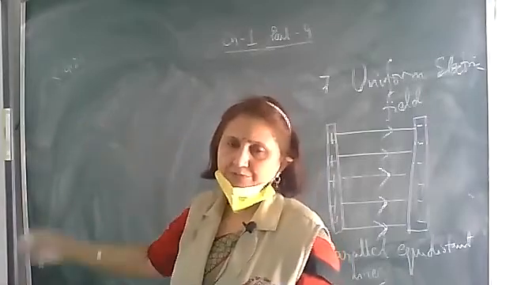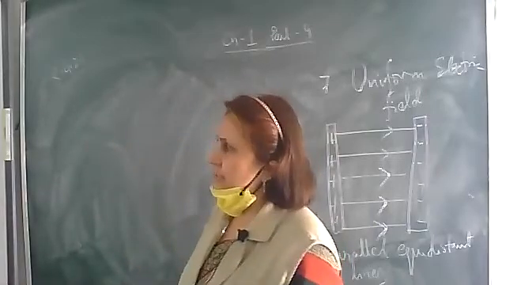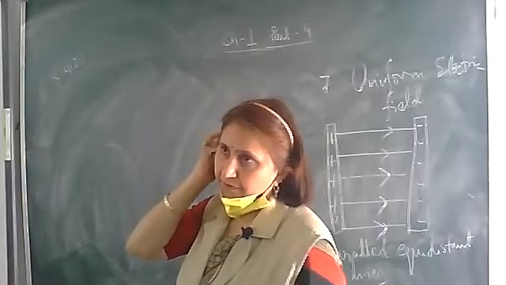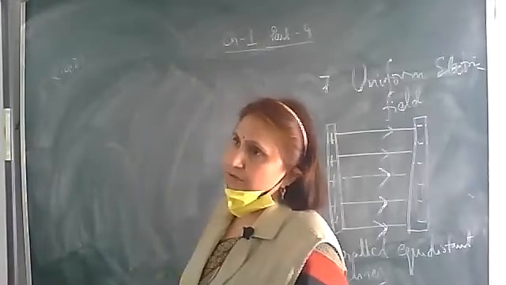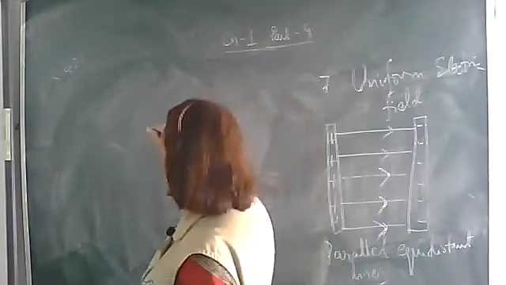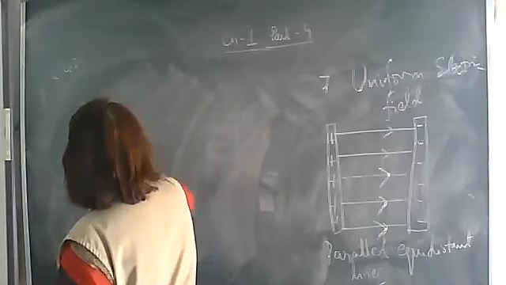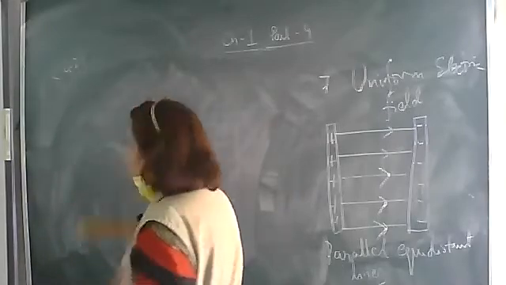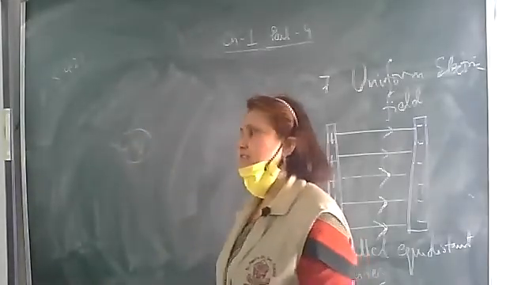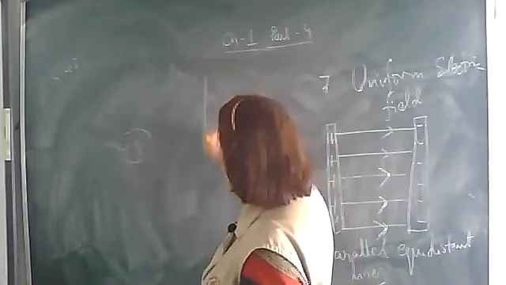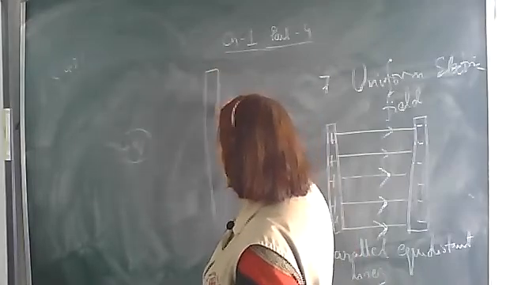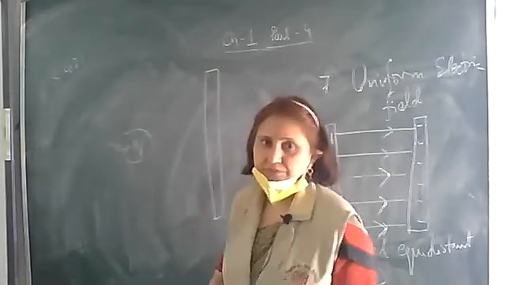Vicinity, that is close to it. Which is in vicinity of an uncharged plate or uncharged metal, uncharged metallic sheet, anything you can write down, which is in vicinity of an uncharged metallic sheet.